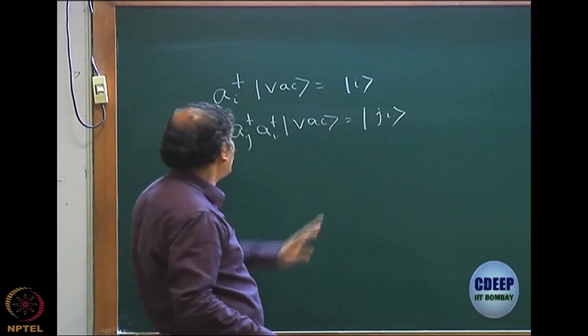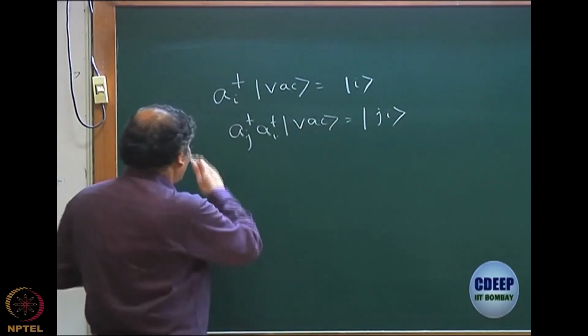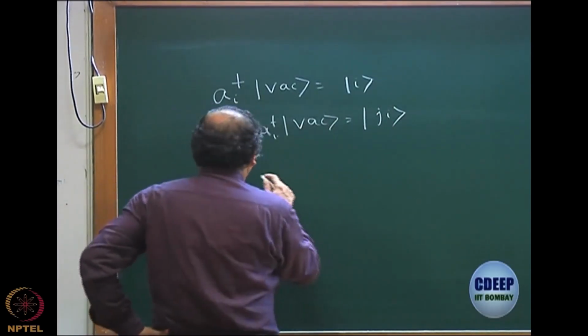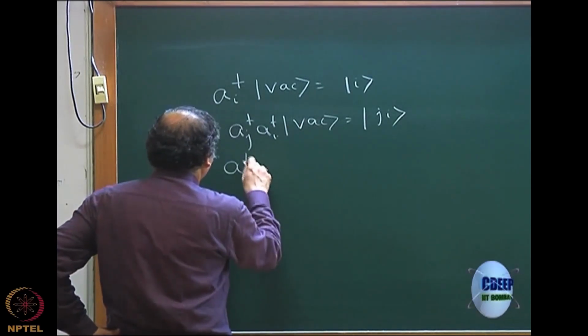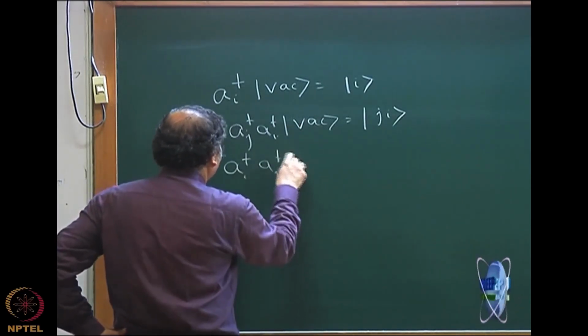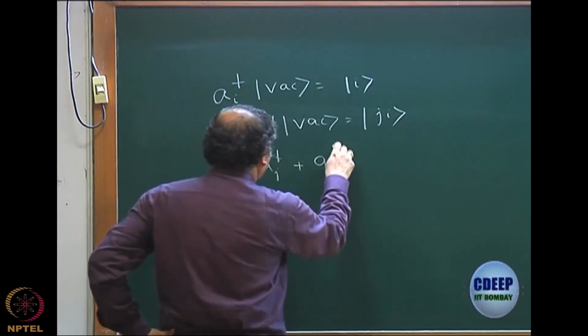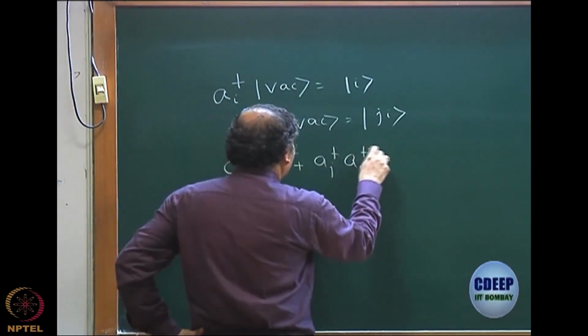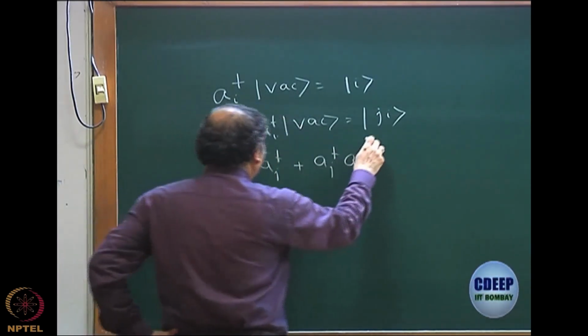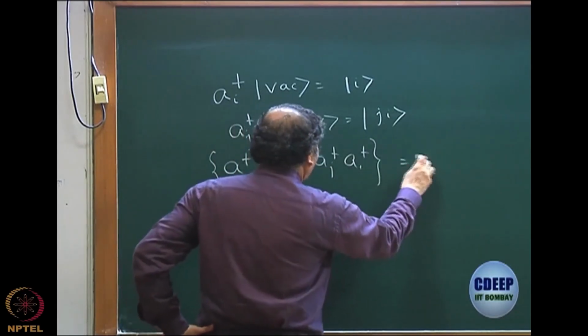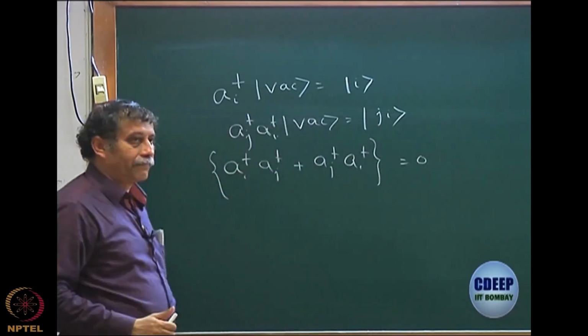So, this is the rule of creating electrons, and then we found that AI dagger AJ dagger plus AJ dagger AI dagger is 0, the anti-commutator is 0.